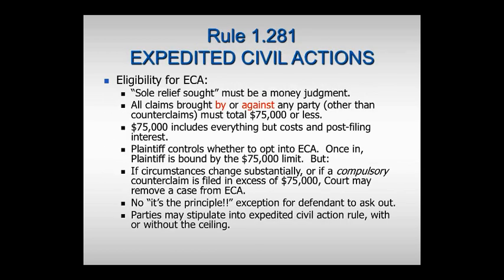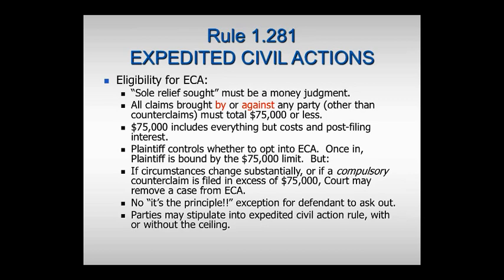Now let's talk about expedited civil actions. Expedited civil actions are basically for money damage cases only. It's the only relief you can seek in an ECA. If you want more relief than just money, you have to stay out of ECA. ECA claims are $75,000 or less.